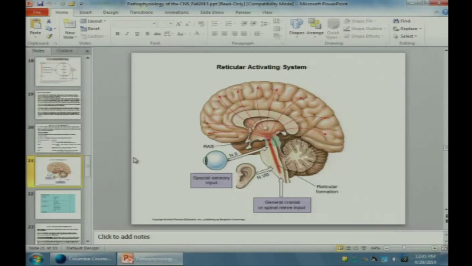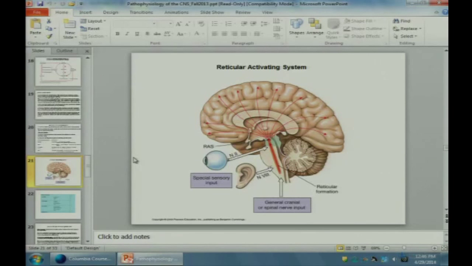The reticular activating system refers to an area of the brainstem, sitting in a part of the brainstem that we call the reticular formation. It's this long inner core of the brainstem, and it's this neural network that's sitting there.